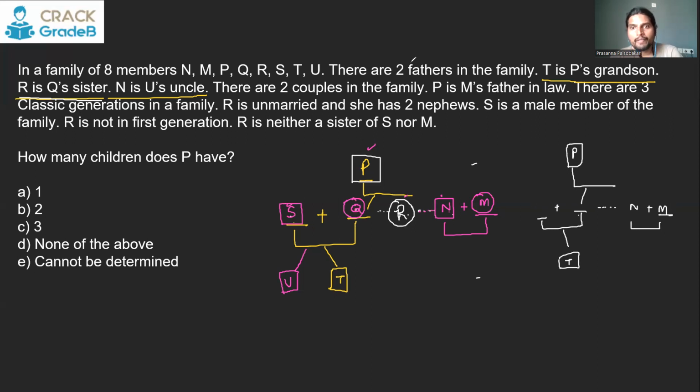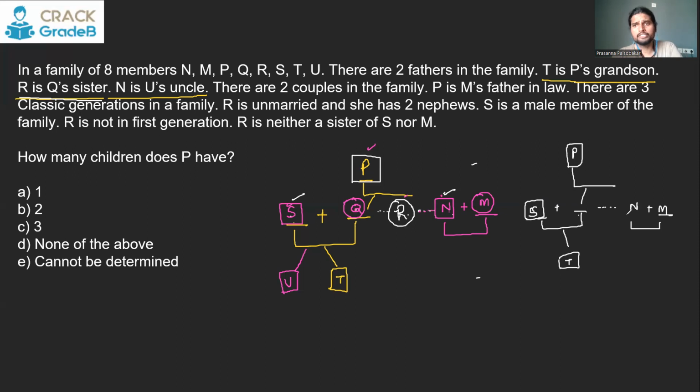This time, N being the uncle and S also being male, you can't just again marry N and S. N and S have to be in different families. So this is N, and this has to be again S, because S is again not the sibling of R.